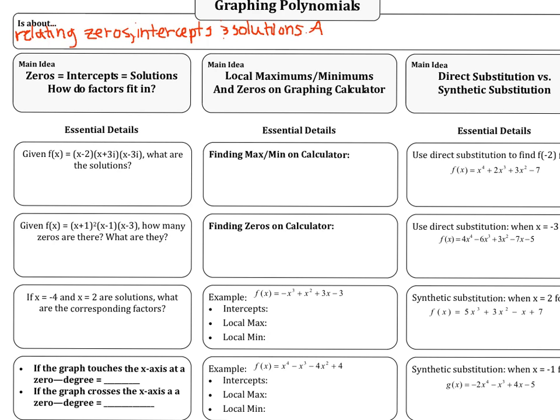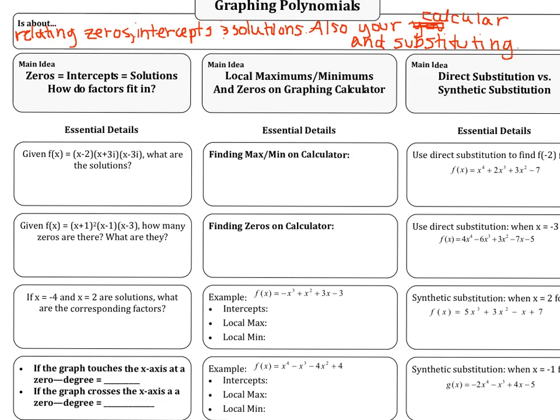Also, it's about using your graphing calculator, your calculator, and substituting. So we got a few different things here.